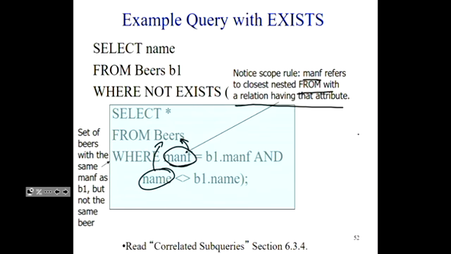The not exists operator operates on a set of tuples and checks whether that set of tuples is not empty, right? That's essentially what is going on here. Like I said, the only interesting thing is that you're reusing this variable B1 within this query. This is an example of a correlated subquery. Since you're reusing a tuple variable inside, you can go see more examples and read more about it in the textbook.